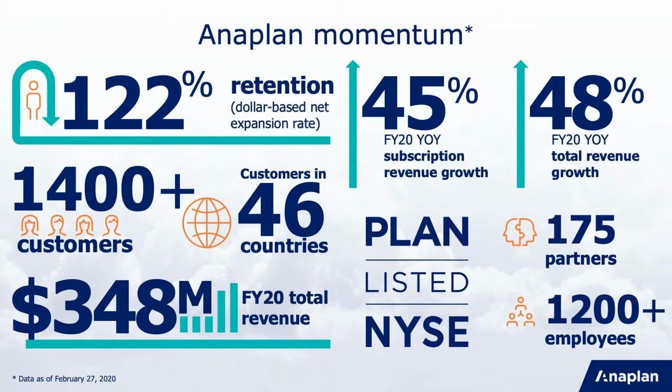Some of the key pull-outs from this slide are 1,400 plus customers across 46 countries, 1,200 employees, and a partner ecosystem of 175 partners, of which Bedford, and I'll touch on ourselves in a bit more detail, are one, and listed on the New York Stock Exchange.